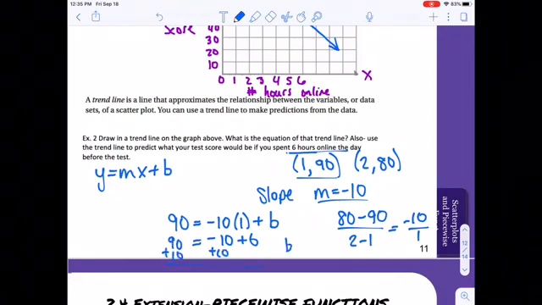So b will equal 100, and I can plug this in. y equals -10x plus 100. Now recall, this is just a guess. It's an approximation.